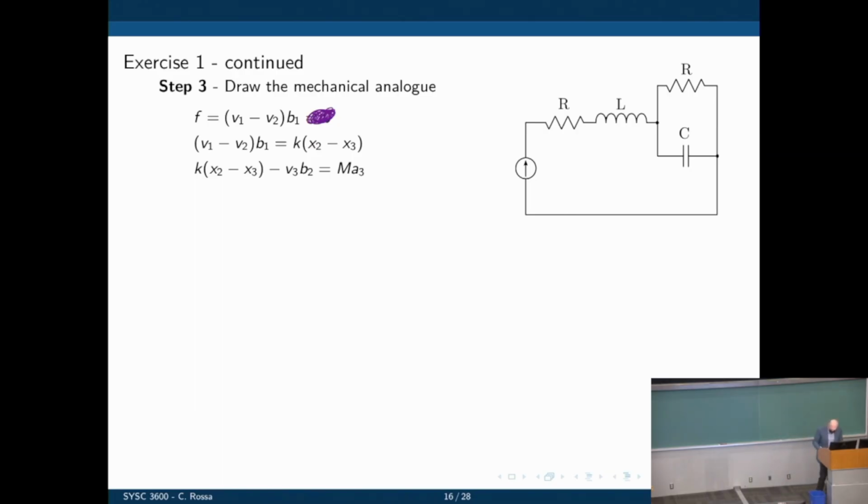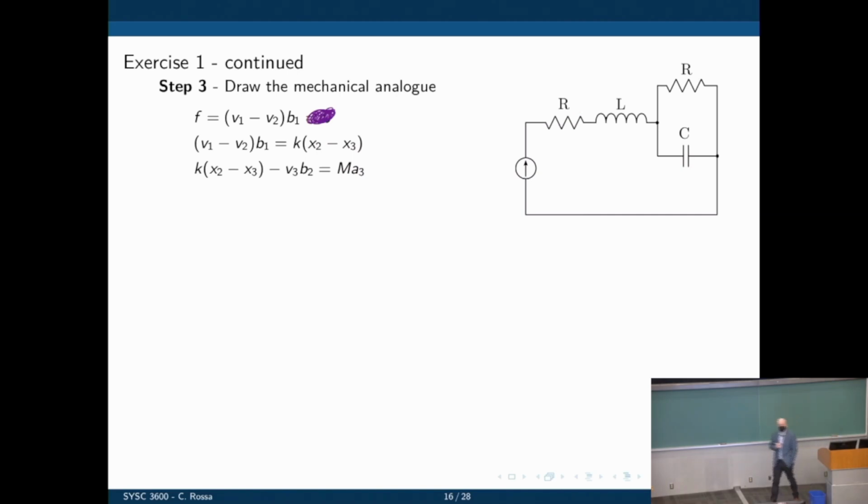Forget about these indices here, B1 and B2. They don't need to be there because we didn't specify R's as being different. But if they were different, we could call this R1 and R2, and then you would have the equivalent B1 and B2. But these are the three equations we found before.